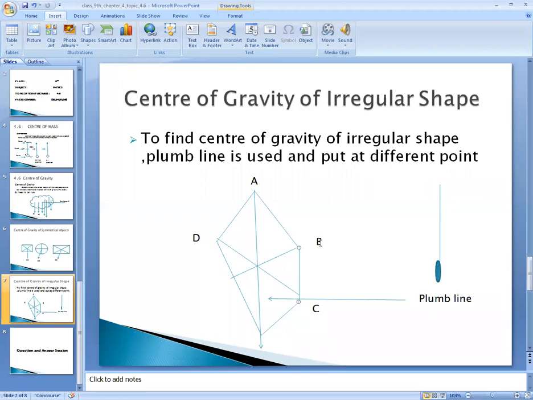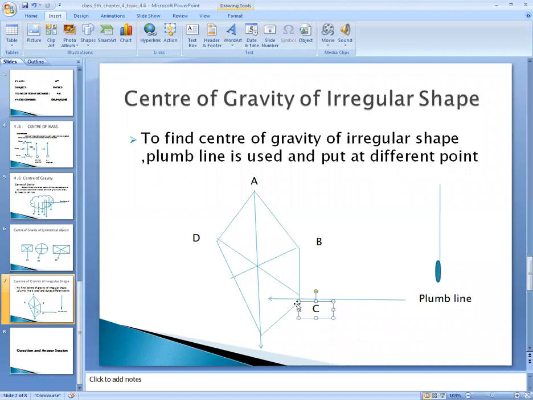Then I use the plumb line at point B, and this line will pass through and cross where my A line is lying.